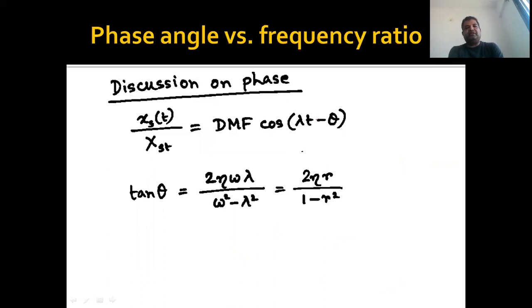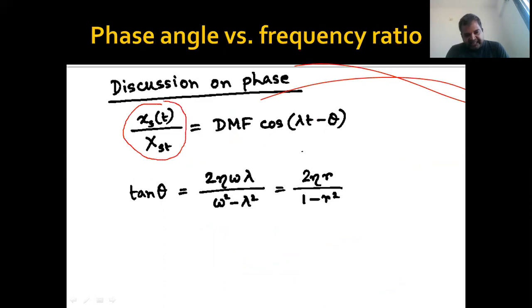If you see this equation, what we have said is that the ratio of xs upon xt is equal to some amplitude: DMF cos of lambda t minus theta. Already you have said DMF is 1 over the square root of (1 minus r square) whole square plus (2 eta r) whole square. That is what you defined earlier.